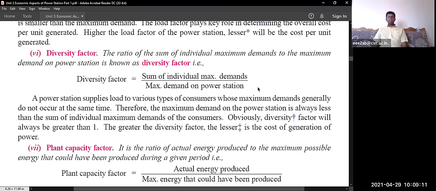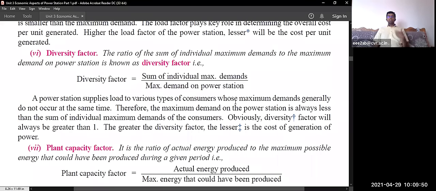The loads vary from home to home, based on how we utilize them. Somebody might be using air conditioners or air coolers, somebody only ceiling fans, somebody pedestal fans.